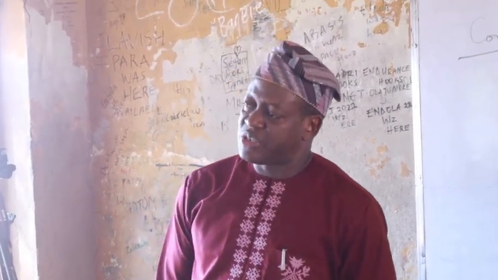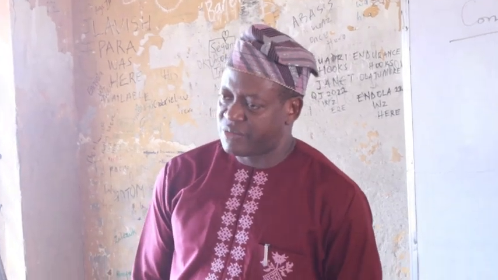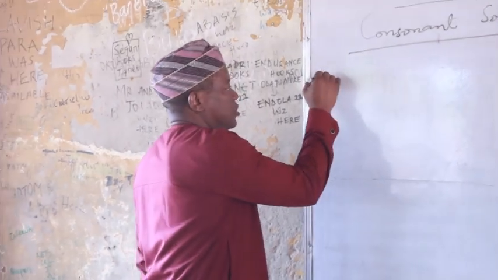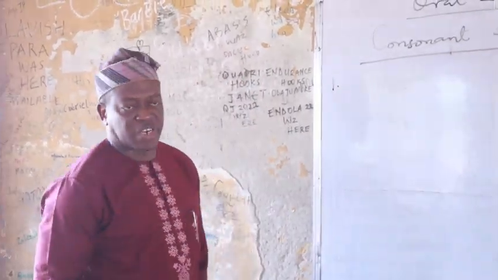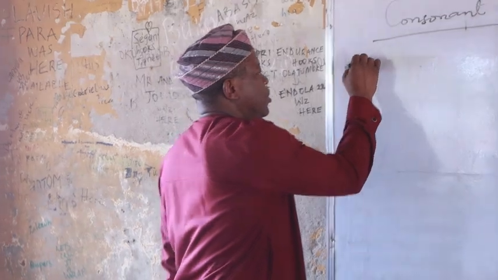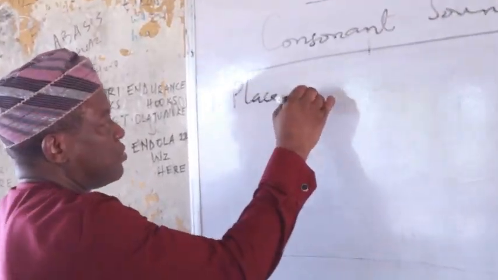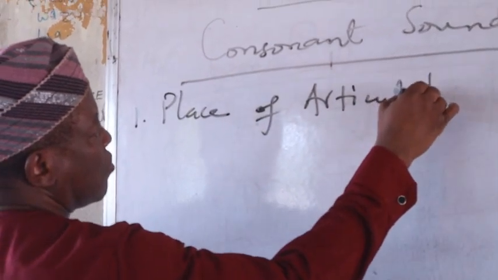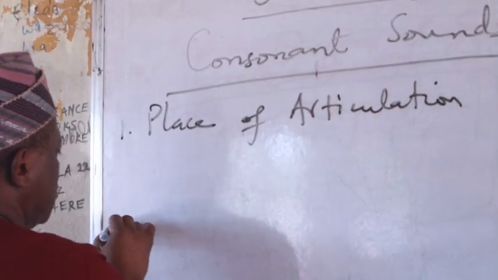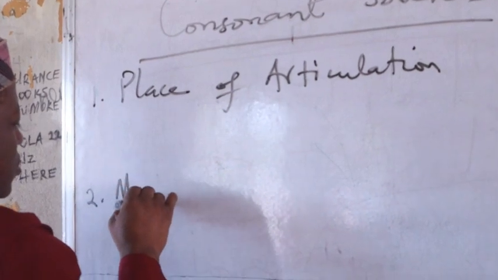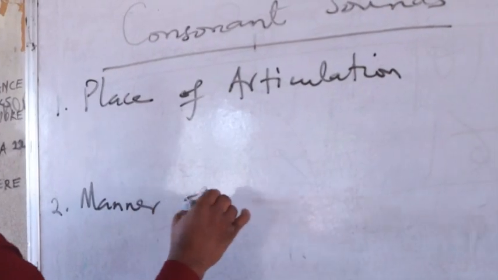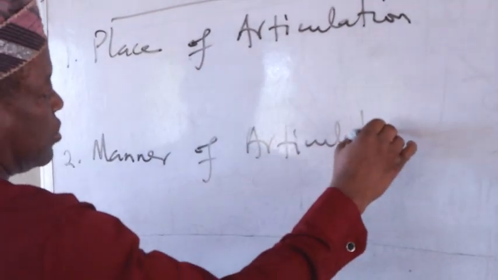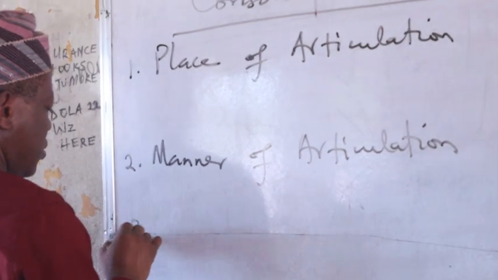Consonant sounds can be described in terms of 1. Place of articulation. 2. Manner of articulation. 3.